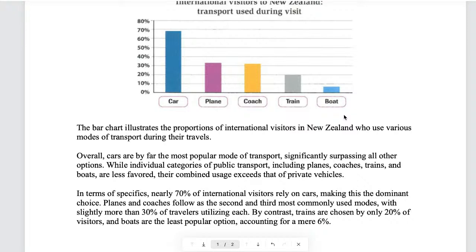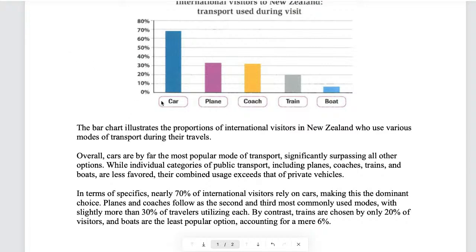If for rich people, they can use all of them as their own private transport. Maybe except train, because that's too much for one person to use. But car, plane, coach. No, I don't think they use coach either. But in this case, we call plane, coach, train, and boat all public transport, and car is private transport.